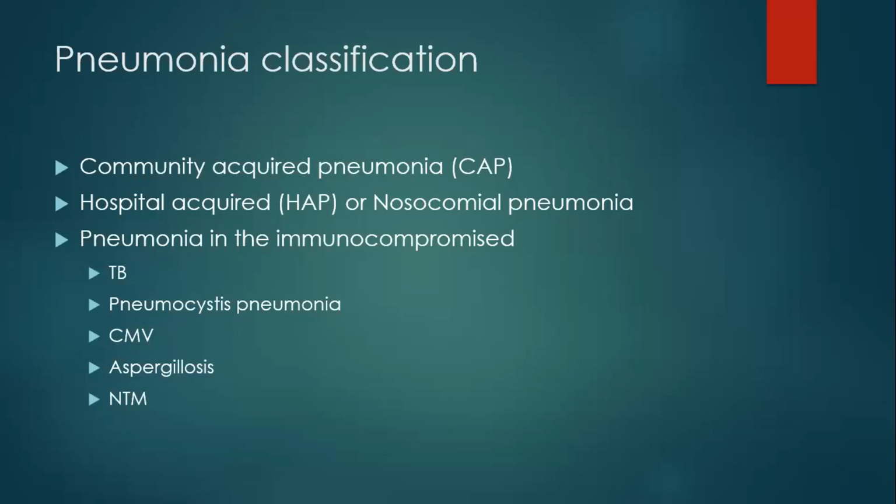In the immune compromised, we're talking about our HIV patient, your transplant patient, your rheumatological patient who's on DMARD agents. These are the patients who have increased chances of having tuberculosis, pneumocystis, CMV, aspergillus, especially in your oncological patient, and non-tuberculous mycobacteria. I don't want to talk much more about those, but just be aware that you're dealing with different organisms.